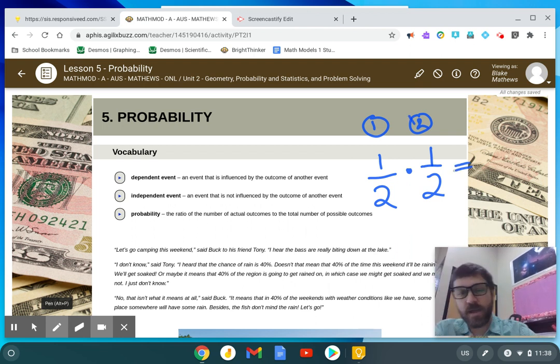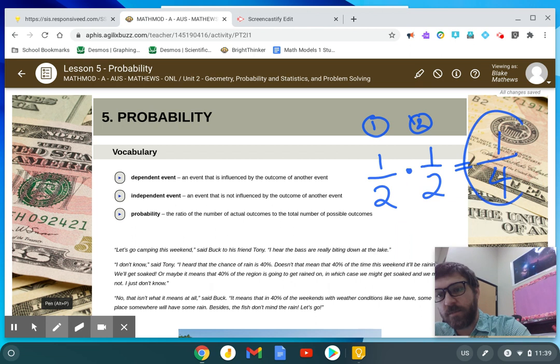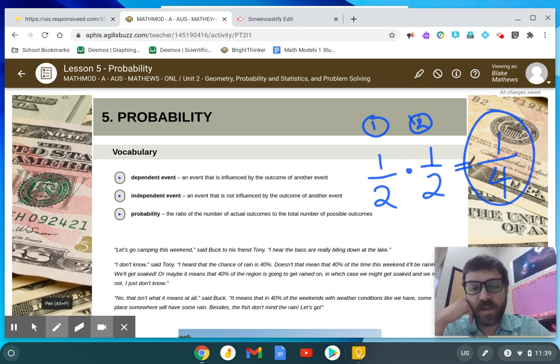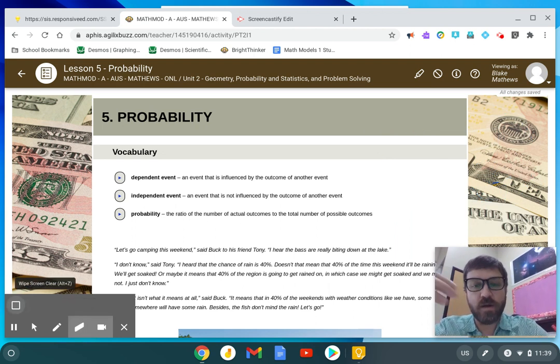Well, when we do that, we actually multiply the probabilities because getting it twice in a row is less likely than just getting it one time. So the probability of getting heads twice in a row is 1 times 1 is 1, 2 times 2 is 4. That's the probability, 1/4, of getting heads twice in a row. And you can imagine that if I keep going and say 3 times or more, the probability gets smaller and smaller. So that's what you're doing in this lesson.